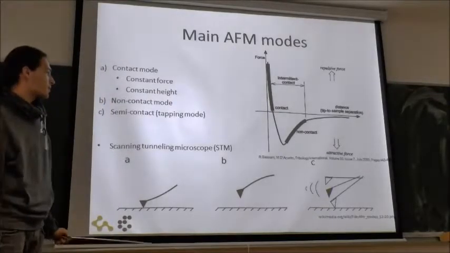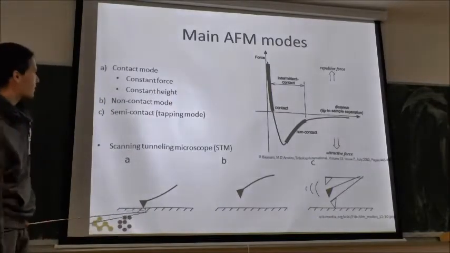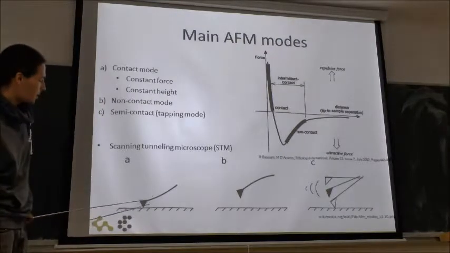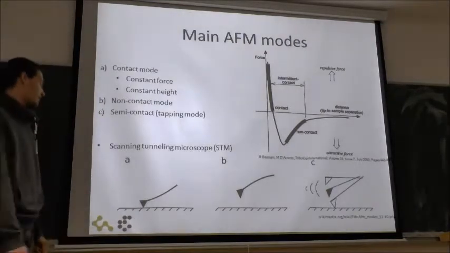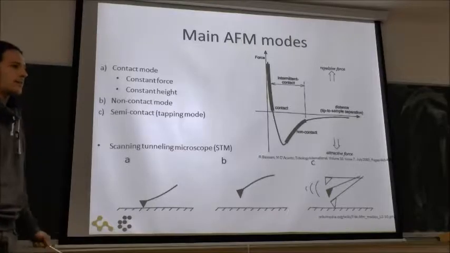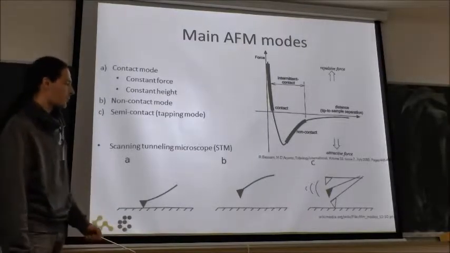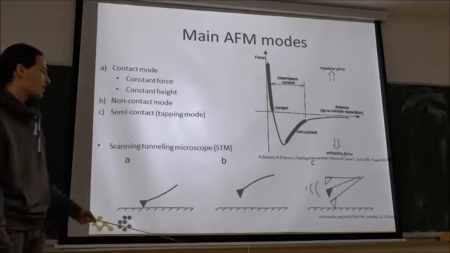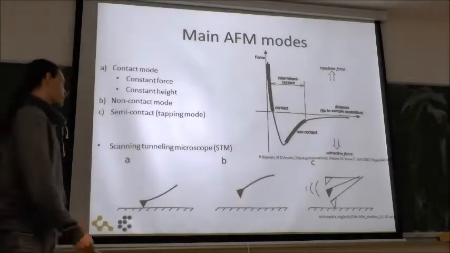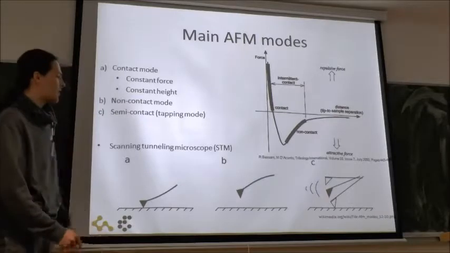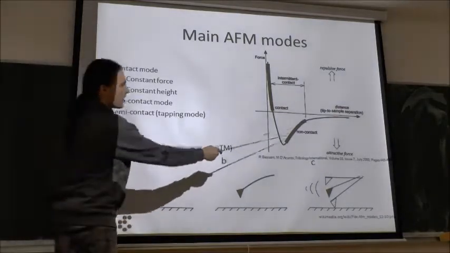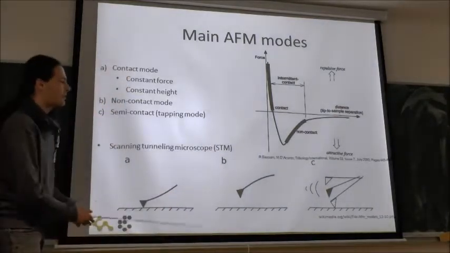So the three modes are the contact mode, where we are scanning the sample with the tip on the sample. The second mode is the non-contact mode, where we're scanning actually not in contact, but we still feel some forces between the tip and the sample.